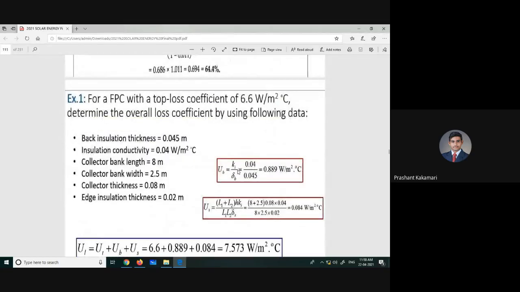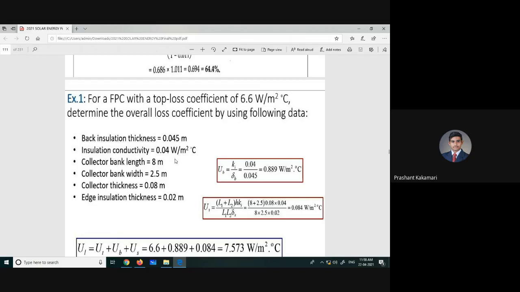Okay, so Ki is the insulation. So how much is the insulation value given? Bottom side insulation thickness. Okay, so this is very important, bottom side or back side. And also here they have given edge. Edge is side insulations. So bottom side insulation delta B I will take 0.045 meters. So units are okay. And insulation conductivity is given, so Ki I can consider 0.04.